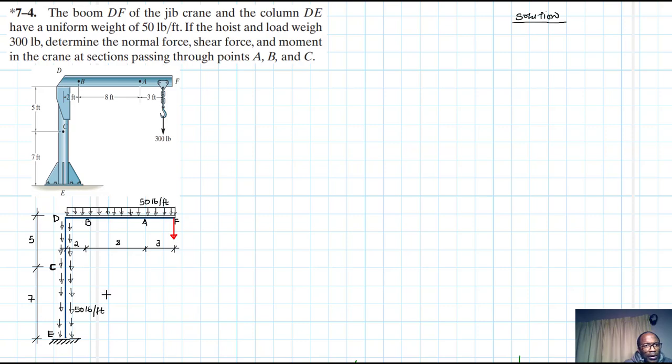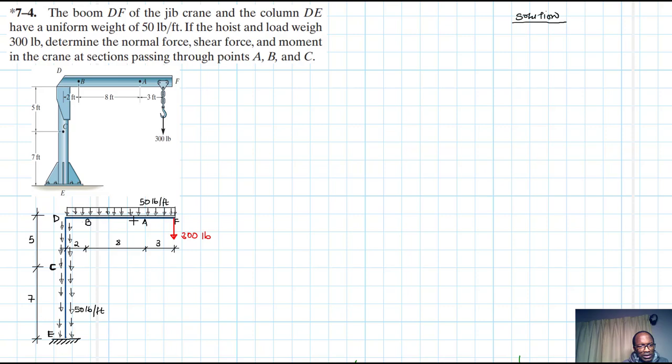Okay, and we also have a load of 300 pounds that this crane is supporting. All right, and it is fixed at E. That's a fixed support.